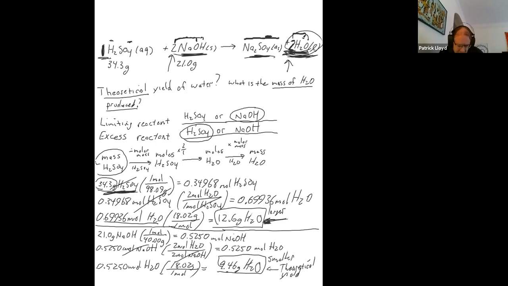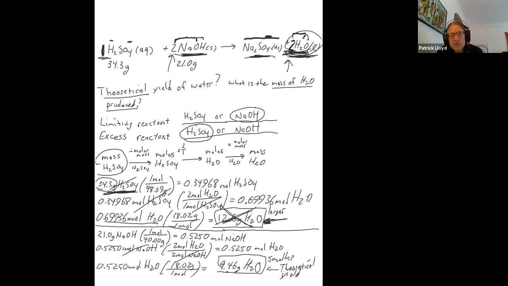And that number right here, it's actually not a good number. It's not real, meaning that we're not actually going to produce 12.6 grams. We can't produce 12.6 because we will run out of sodium hydroxide before we get up to 12.6. So that's why we don't use this number for any of our calculations.